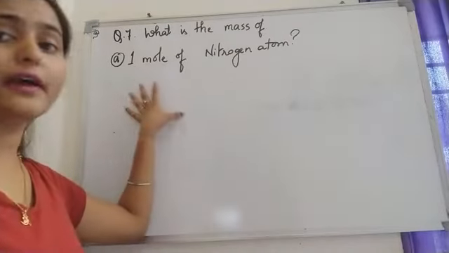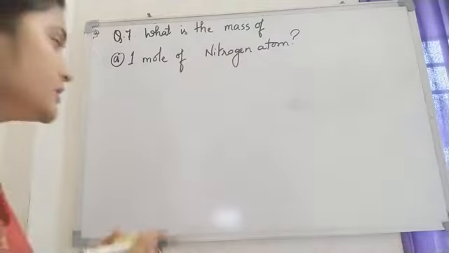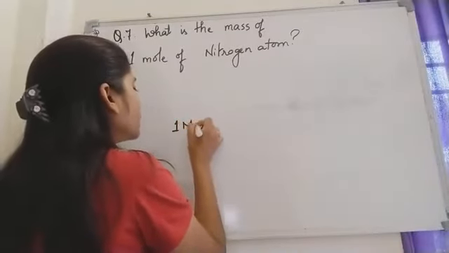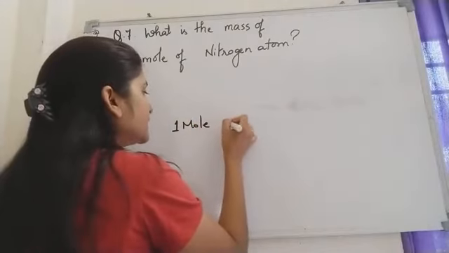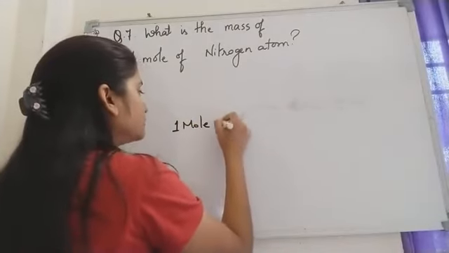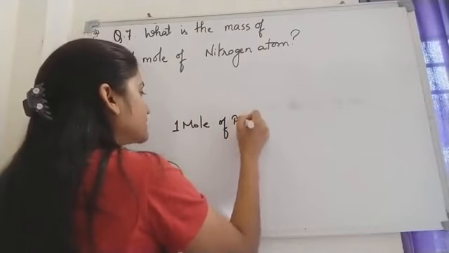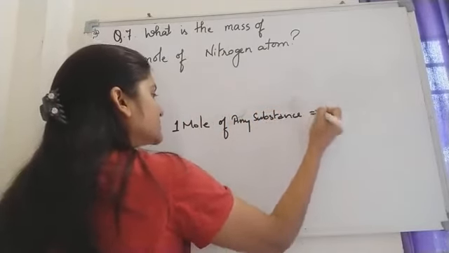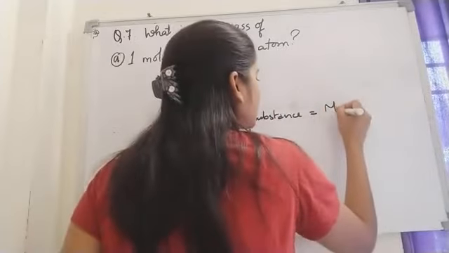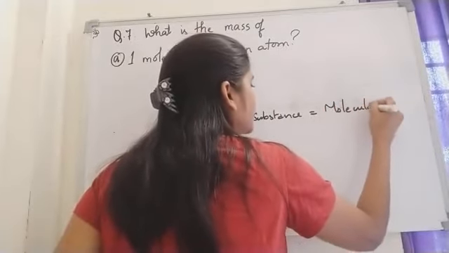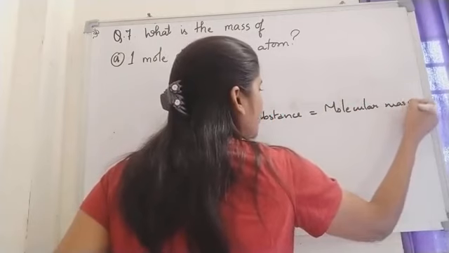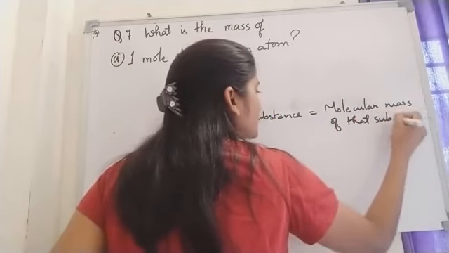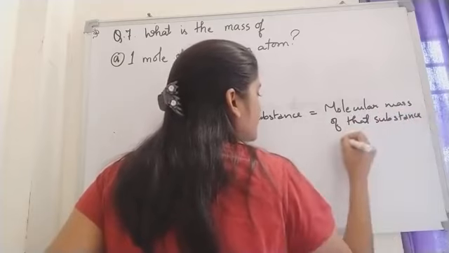Now before I write the solution for this, remember this formula. I gave you this while explaining as well. 1 mole of anything, just write down the formula. 1 mole of any substance is equal to its molecular mass of that substance in gram.